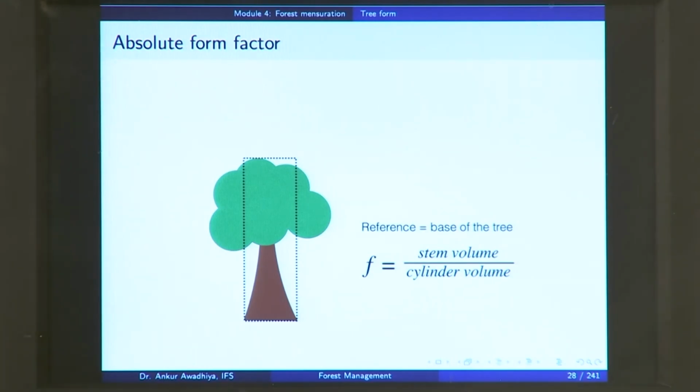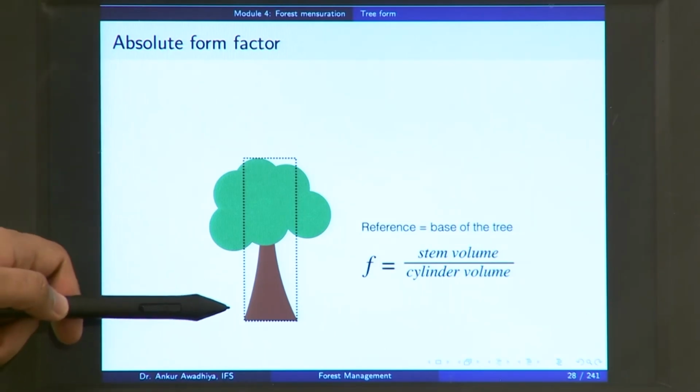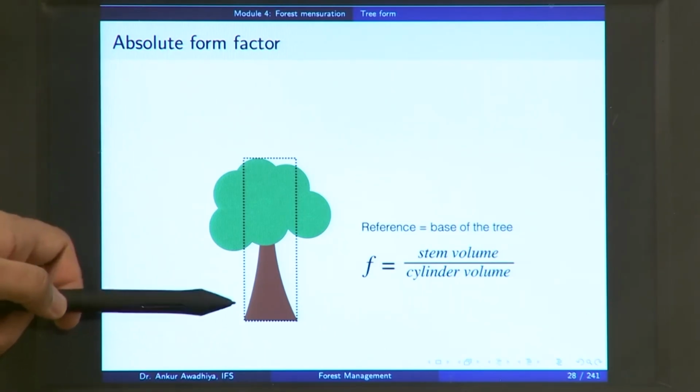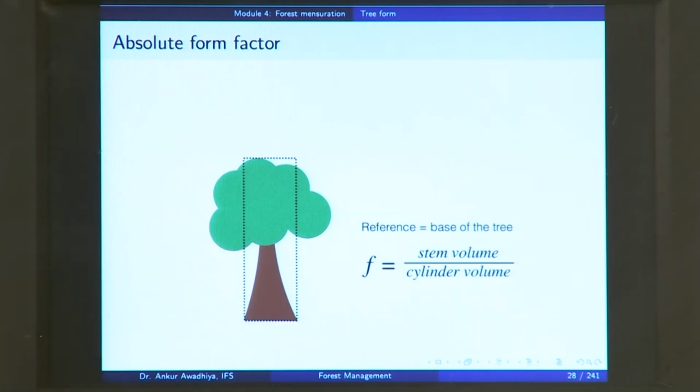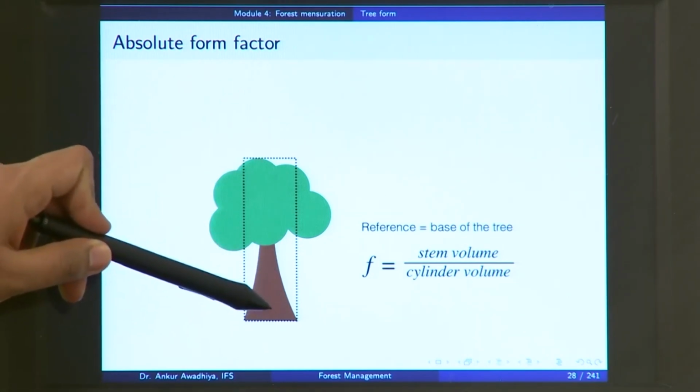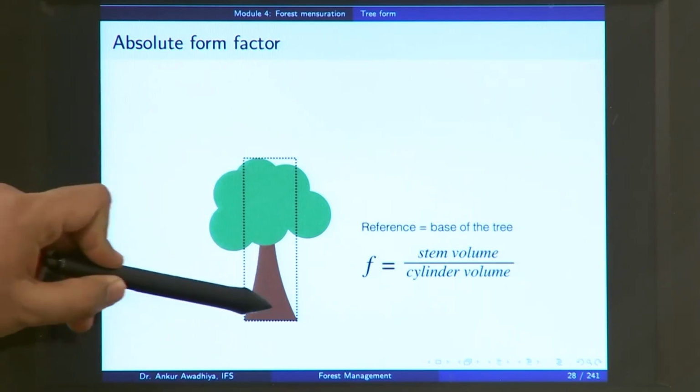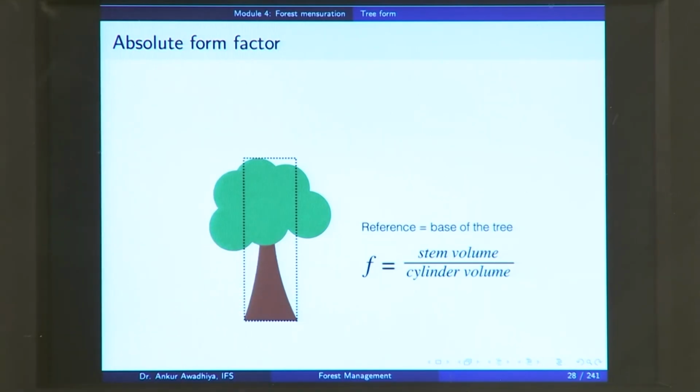Now, absolute form factor takes the reference as the base of the tree, and this is absolute because it is measuring absolutely the whole volume of the tree bole. So, you have the stem volume divided by the cylinder volume, where you have the base at this point. Now, the issue with an absolute form factor is that at the base of the tree you have earth, you might even have some stones.